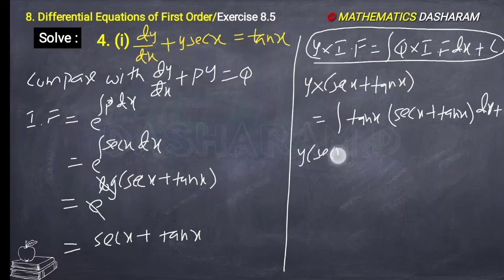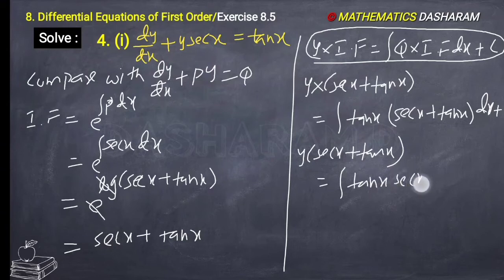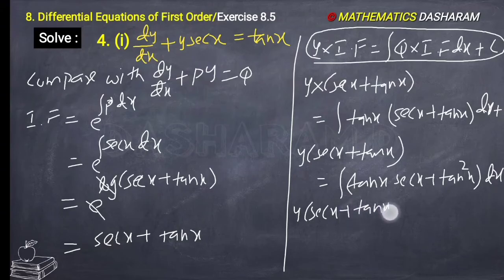Y into sec x plus tan x equals the integration of, here tan x multiplied inside, tan x into sec x plus tan square x dx. So y bracket of sec x plus tan x equals, apply the integration for each term separately.